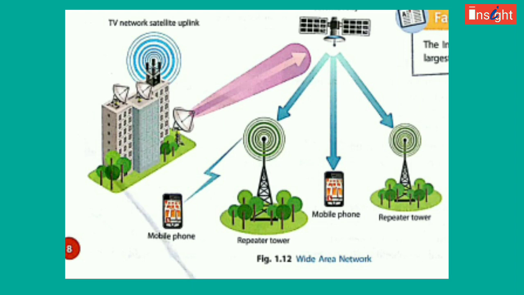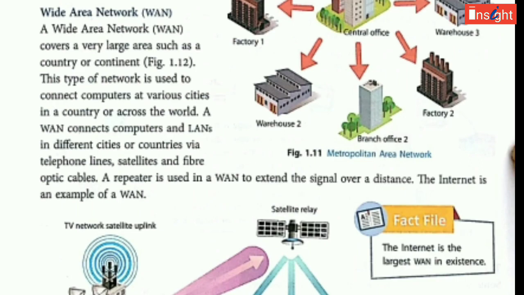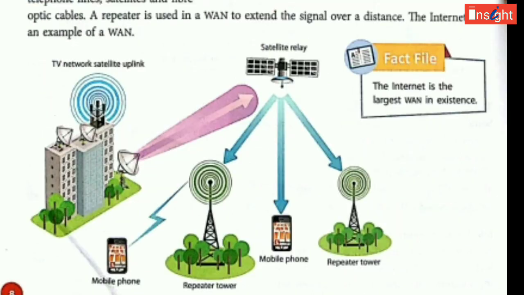A WAN connects computer and LANs in different cities or countries via telephone lines, satellites and fiber optic cables. A repeater is used in a WAN to extend the signal over a distance. Here in this network we can cover a very large area. The internet is a perfect example of a WAN.